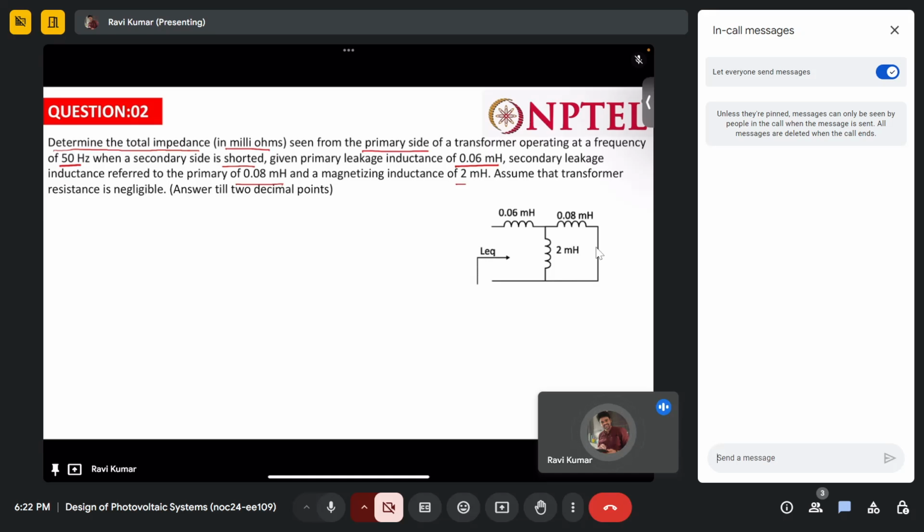Assume that transformer resistance is negligible, and these are the options.